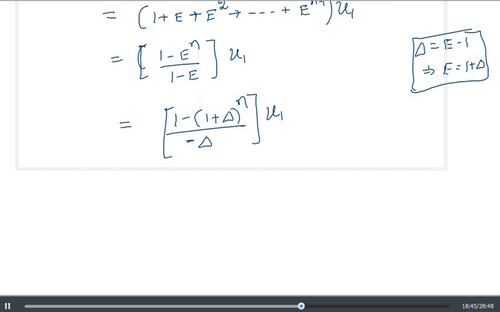Alright. Now this equals 1 by delta, and what we have here is delta plus 1 whole to the power n minus 1, acting on u1. I have just taken minus common and written this expression. Now let us go for the binomial expansion of this. Leave 1 by delta as it is.